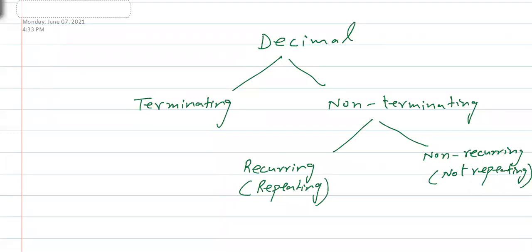For example, let's say I'm writing here 2131317931 and so on. Can you call it recurring? Can you call it repeating? Most students get confused with that. No, it is not.